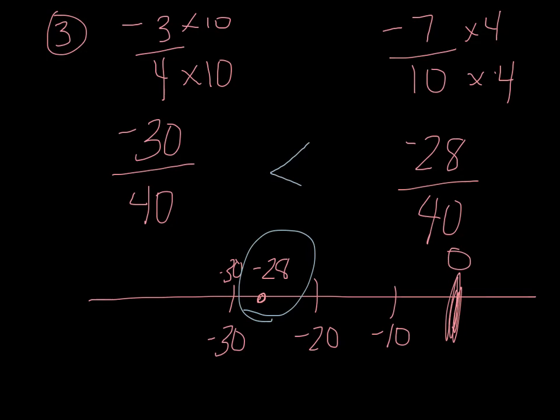Therefore, -28/40ths, or -7/10, is bigger than -3/4. This gets a little bit tricky when we're thinking about negative numbers. But we've been working with them pretty much all year, so you should be getting used to it. It's kind of opposite: the smaller number is actually bigger. -1 is bigger than -20. That's just the way you have to think about this one.